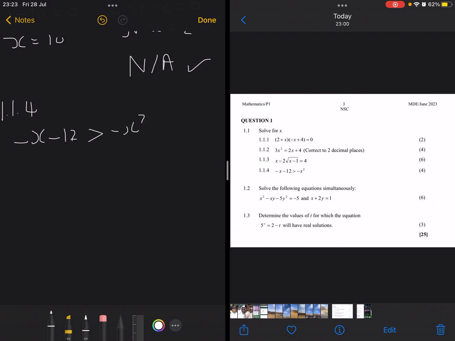Now, to solve this inequality, you must first put it in the standard form of ax squared plus bx plus c greater than 0 or less than 0. But in this case, we have greater than.